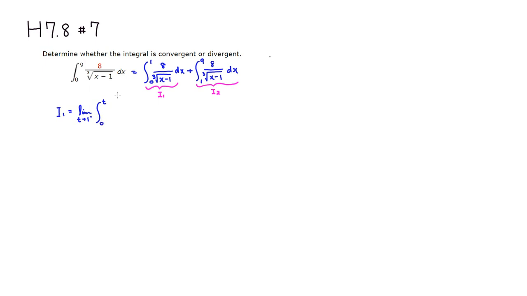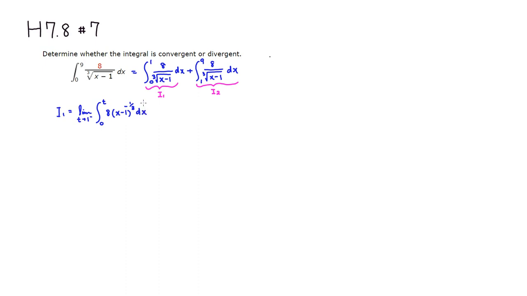I'm going to rewrite it, because I don't like the way it's written. So I'm going to write 8 times the quantity x minus 1 to the negative power, since it's on the bottom, and the cube root is equivalent to the 1/3 power, so negative 1/3, dx.